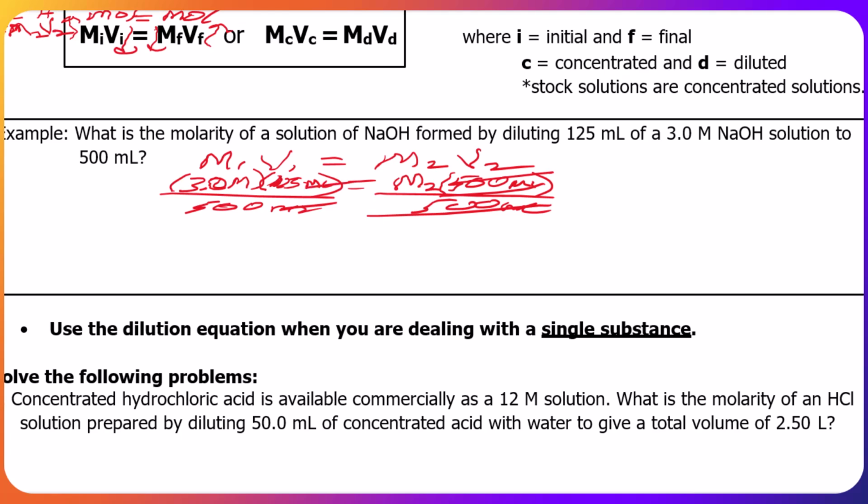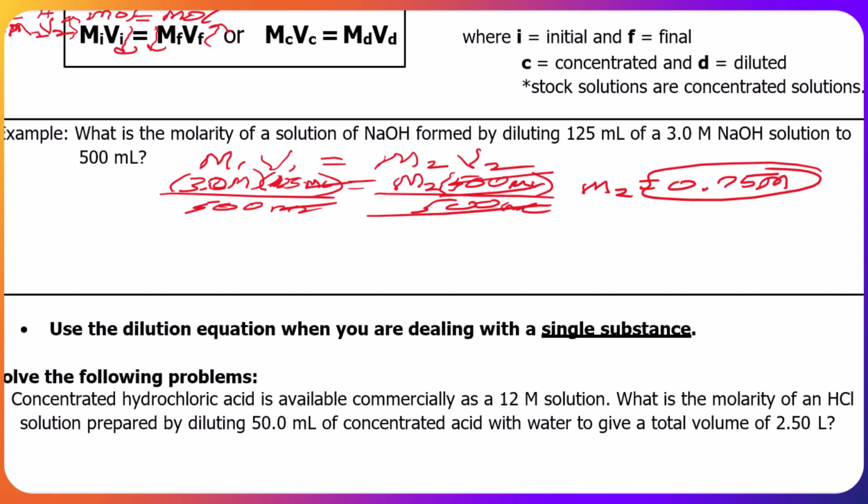So that's 3 times 125 divided by 500, which gives me 0.75 molar. So M2, my lower concentration, is 0.75 molar. That would be my answer there.